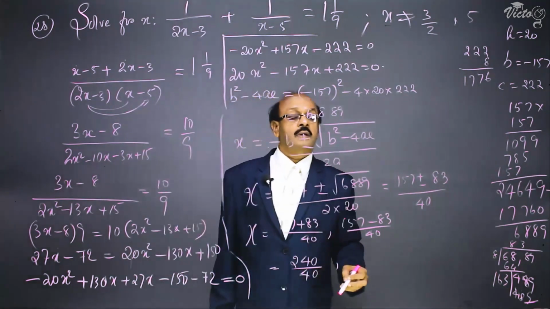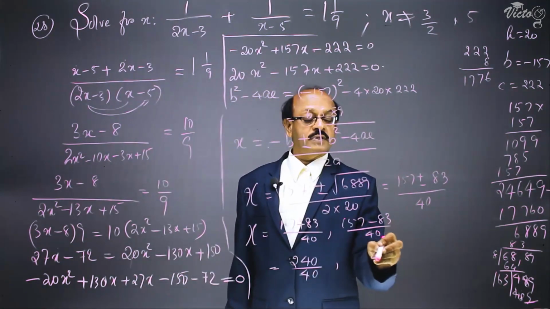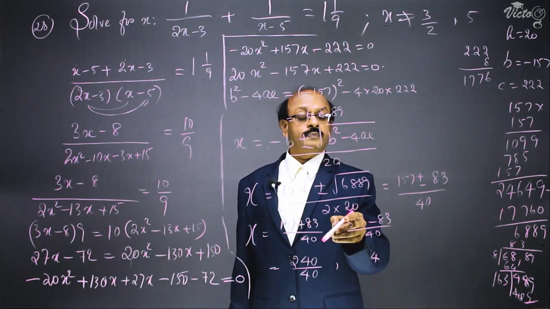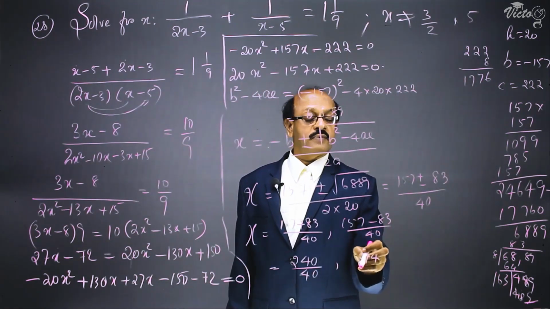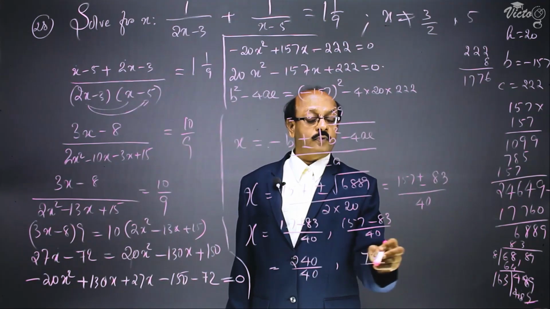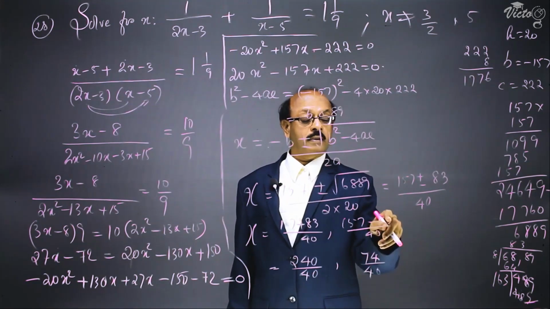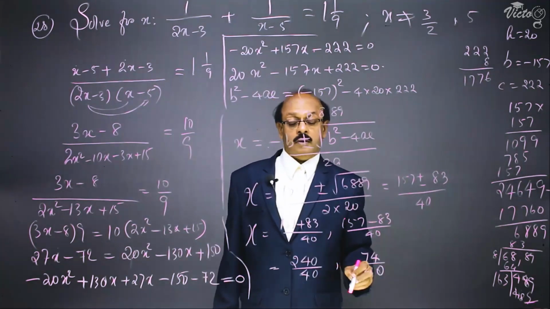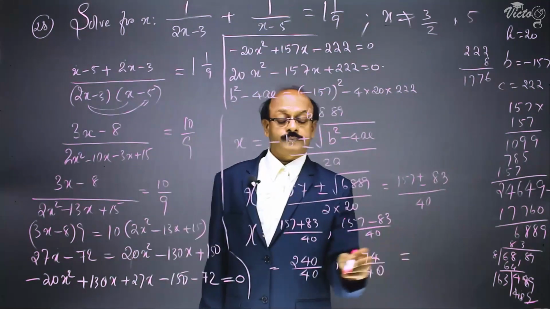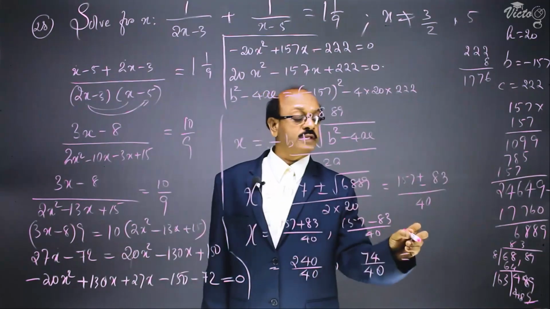Next is 7 minus 3, which is equal to 4. 15 minus 8 is 7, so 74 by 40. 240 by 40 is equal to 6.